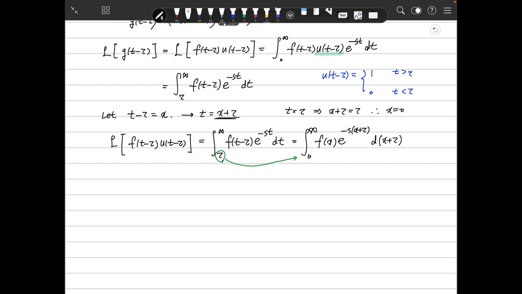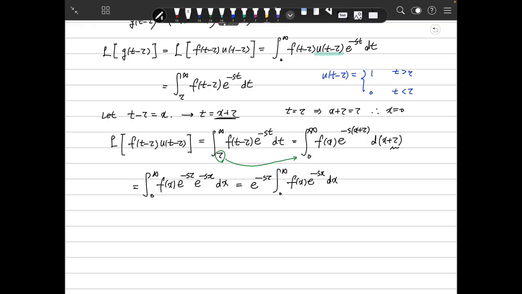But tau is constant, so there will be the integral from 0 to infinity of f x, exponential minus s tau, exponential minus sx, dx. Why? Tau is constant. So there will be exponential minus s tau times the integral from 0 to infinity of f x exponential minus sx dx.